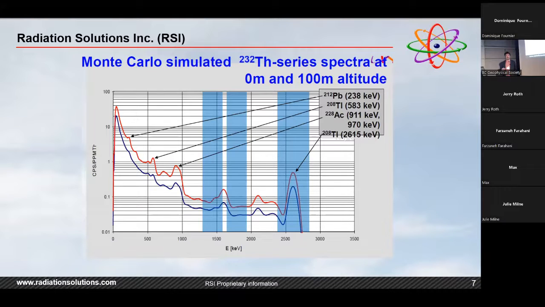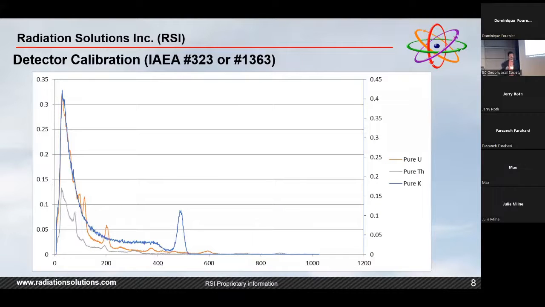You can do that using stripping ratios, which I'm going to go to in a moment. But if you were to isolate the contribution from either pure potassium signal, pure uranium, or pure thorium, you could end up with exactly the type of spectra I showed you earlier with a 3x3, with this blue, orange, and gray spectrum.